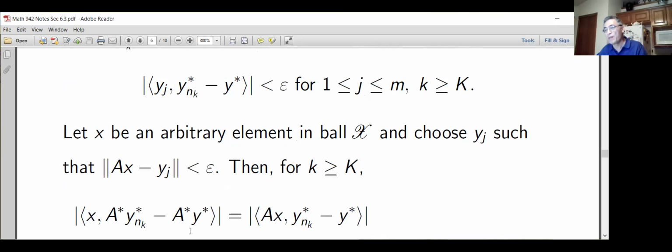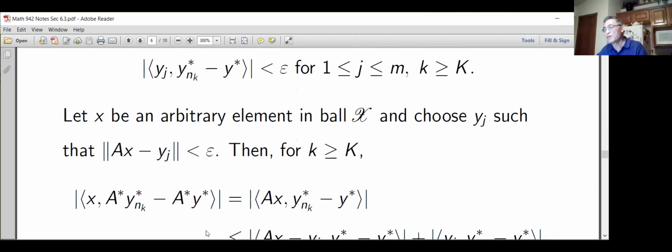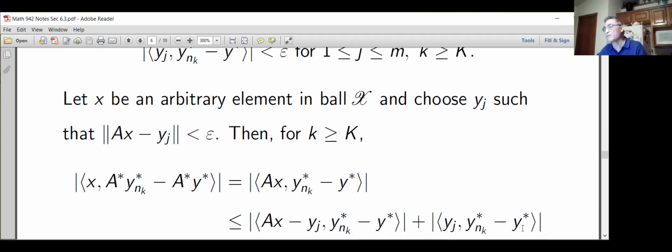The way to see it is to separate this into two parts. One part is Ax minus yj. The other part is yj. Now, each of these two terms is small, but for different reasons.